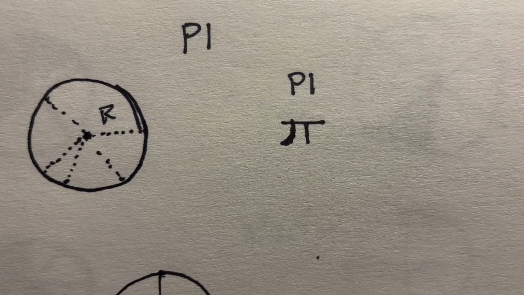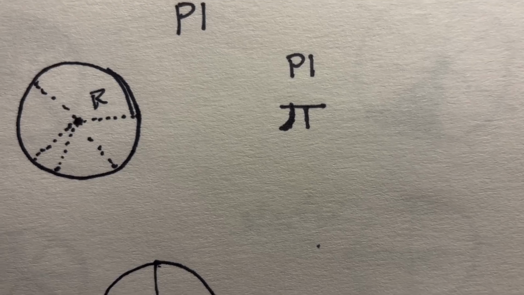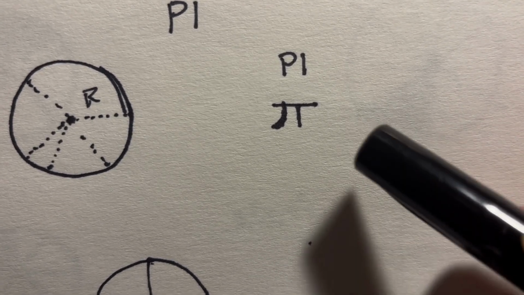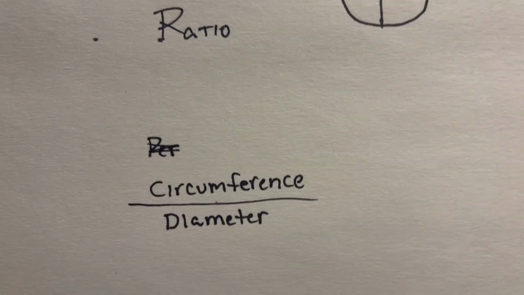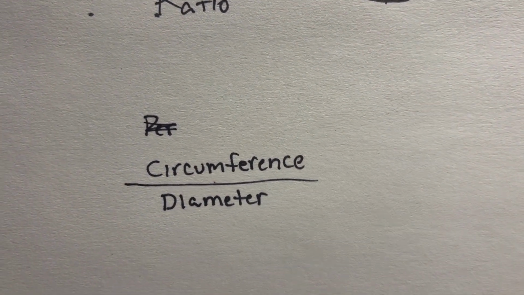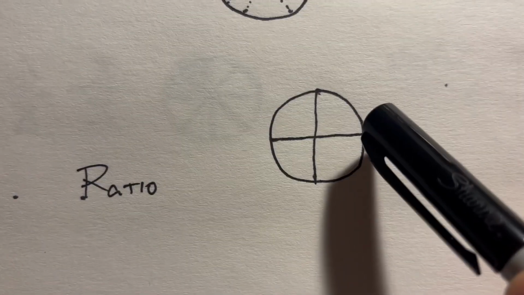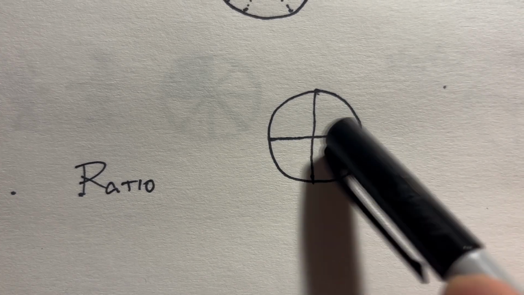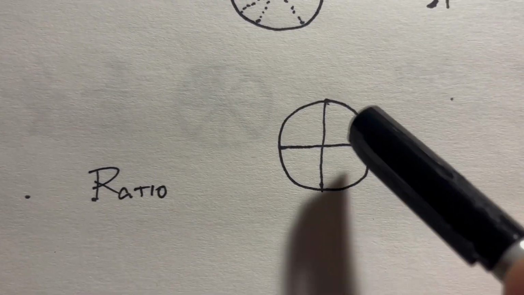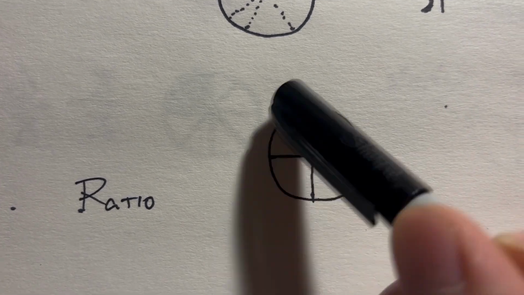What is pi? Pi has its own symbol, which is pretty accurate to what it looks like. And what it is, it is a ratio from the circumference to the diameter. You remember, the diameter is the length inside of the circle, and the circumference is the perimeter of the whole circle.